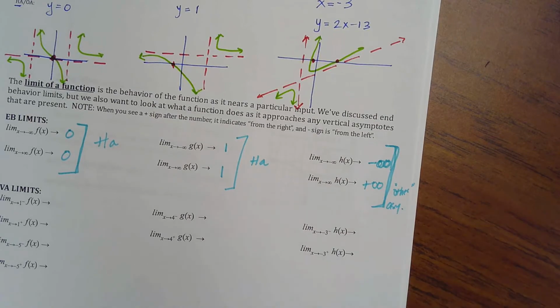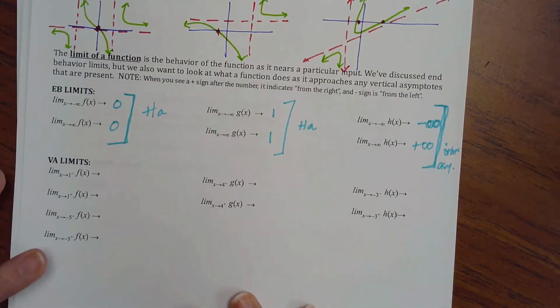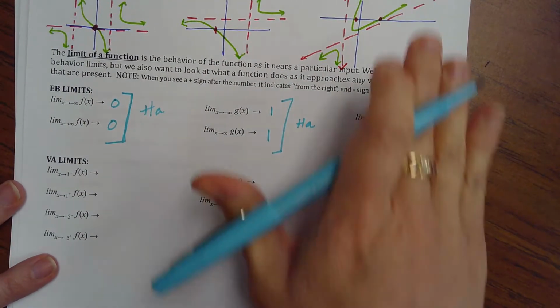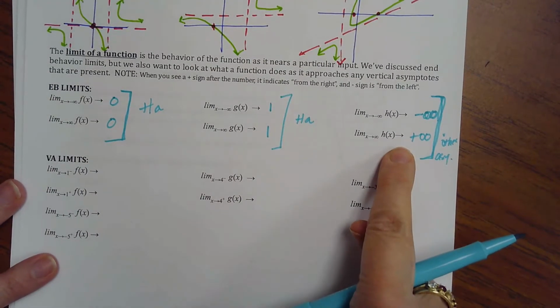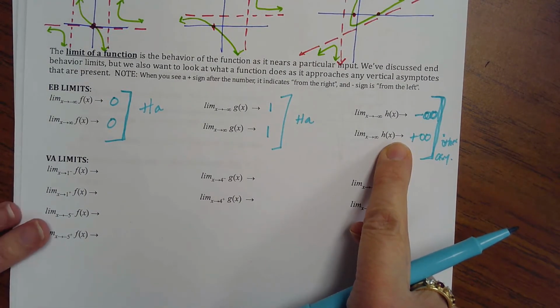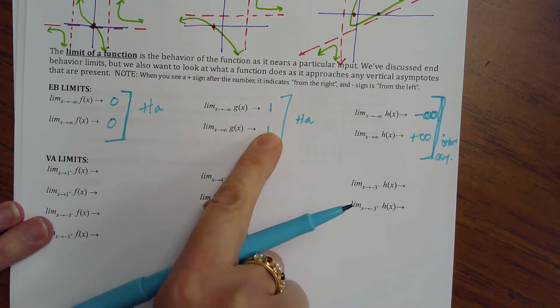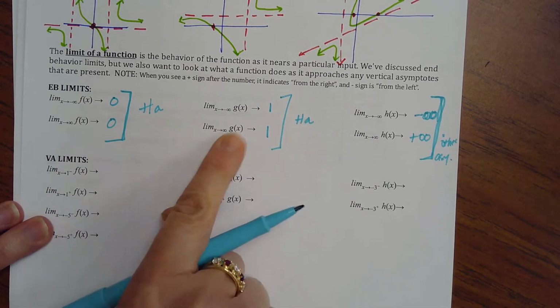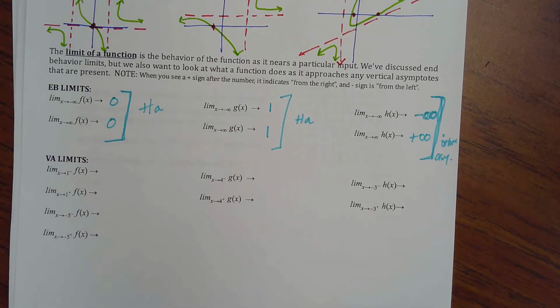In other words, it's not horizontal. Why that's important is that if I just gave you this information without a graph, you would be able to tell me that this function has an other asymptote, not a horizontal asymptote. Or if I gave you this information, you'd be able to tell me what the horizontal asymptote is.